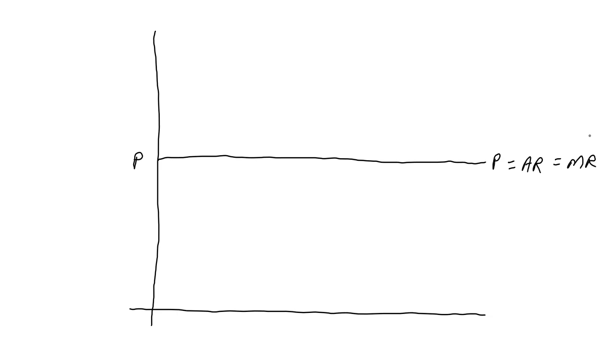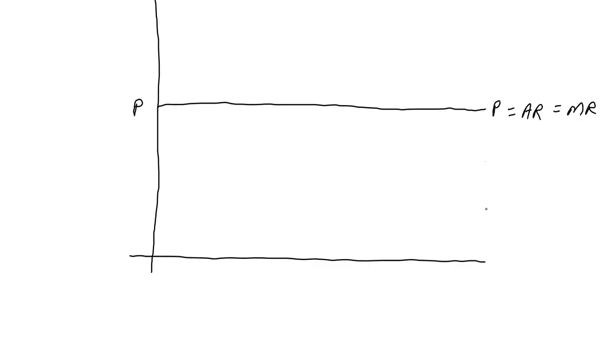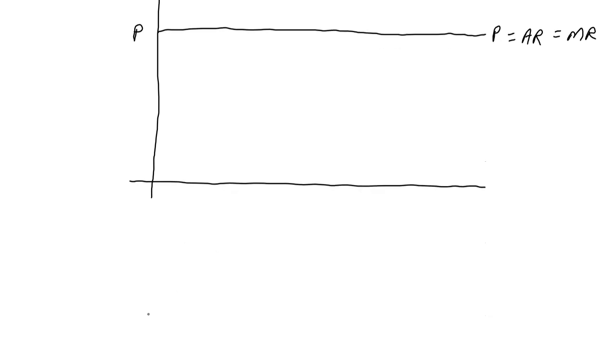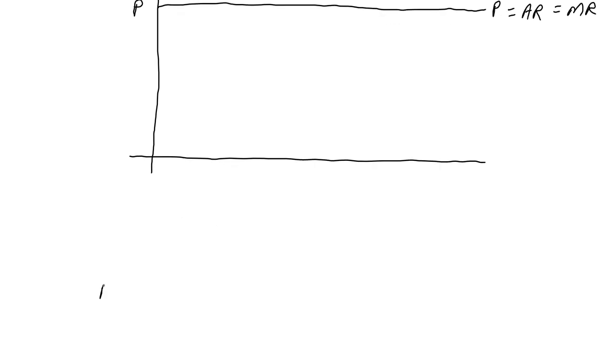Now, keep in mind, as far as the calculation for average revenue is concerned, it is nothing but total revenue upon quantity. Okay. And if we are selling something for a certain price, remember that total revenue is nothing but price into quantity.